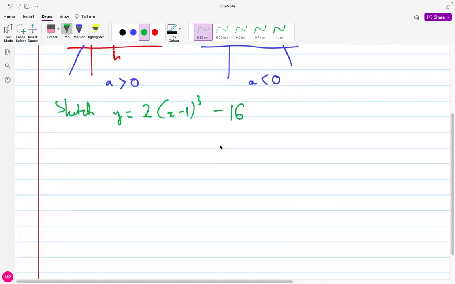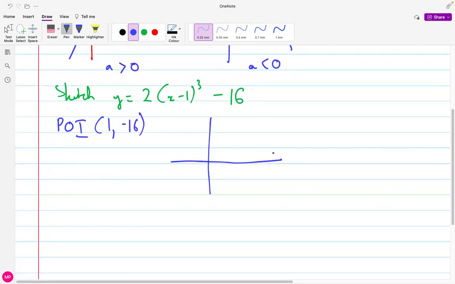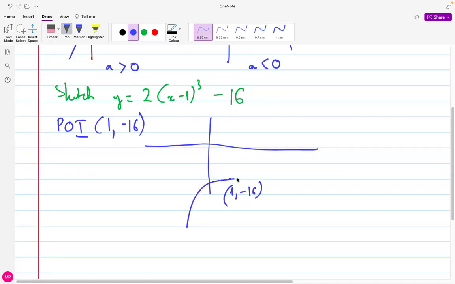You can see the turning point, the point of inflection, is (1, negative 16). That should be a bit under, so (1, negative 16) is somewhere here. Because a is positive, I know that my shape will look something like this.